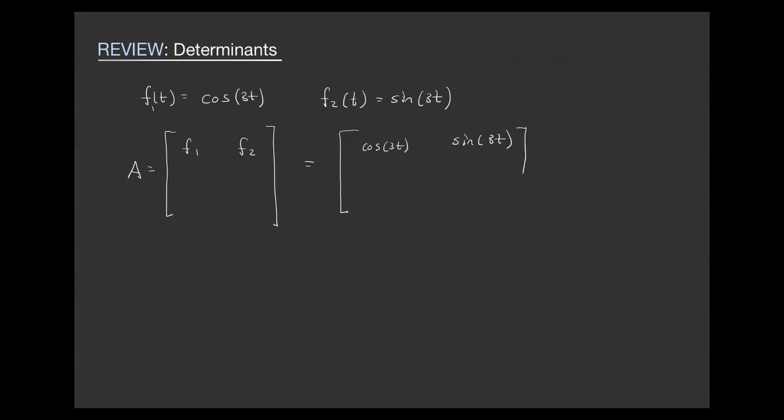To compute a determinant, you need a square matrix. It could have like 20 rows, but it would need 20 columns. It could have 500 columns, but it would need 500 rows. So the rows and the columns, it must be the same dimension. If here we have two functions and we want to compute a determinant, well, that means we need another row.